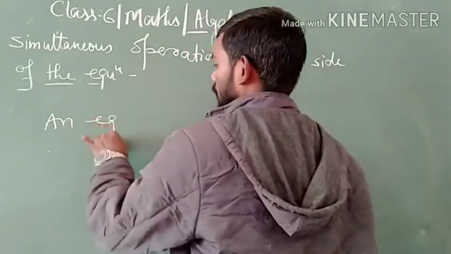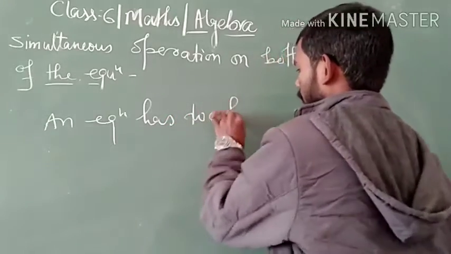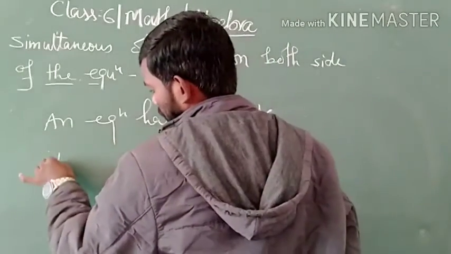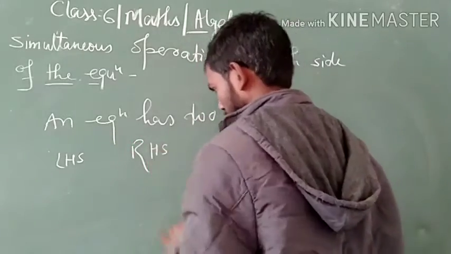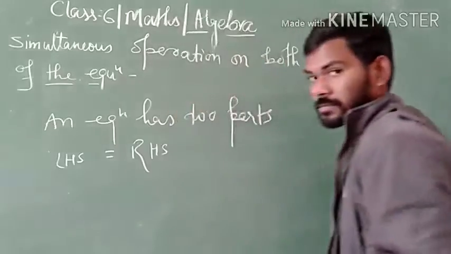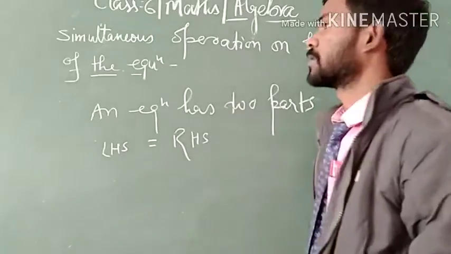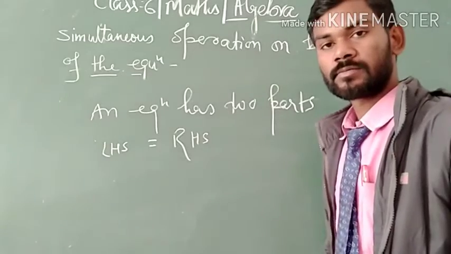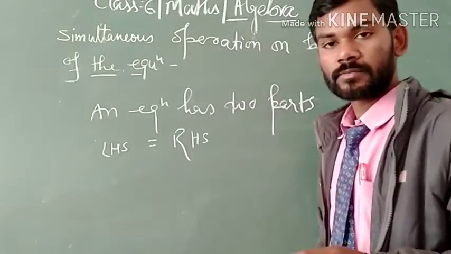Since we know that an equation has two parts, one which is known as the left hand side and another which is known as the right hand side. In this method, we shall follow a rule which states that operate the same number on both sides.